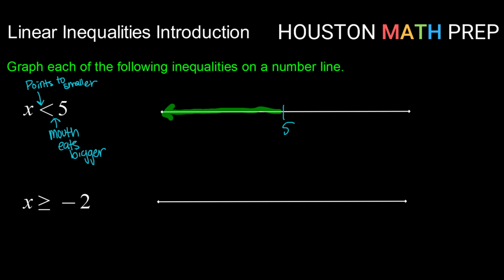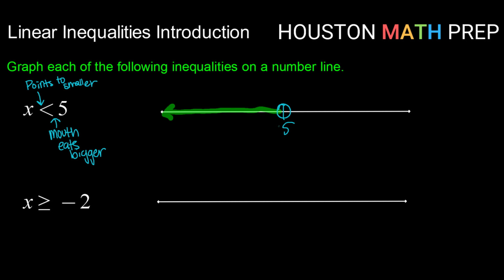Because we have a strictly less than and not a less than or equal to, 5 is not a value that we can have as part of our solution, because 5 is not less than 5. So the way that we're going to indicate that is over the 5, we're going to put an open circle. That open circle says we're able to get up to 5, but not include 5.